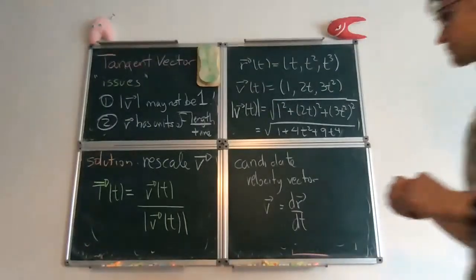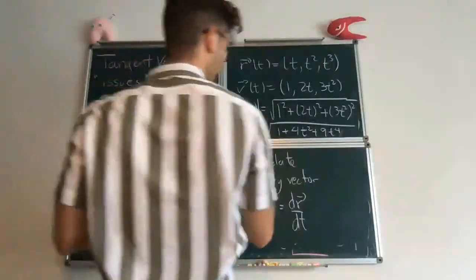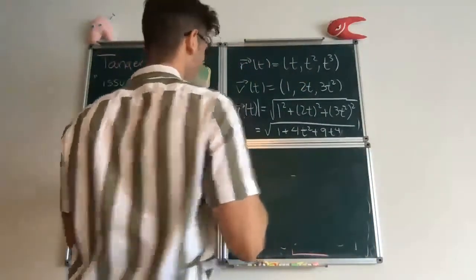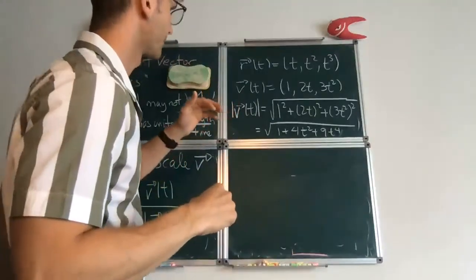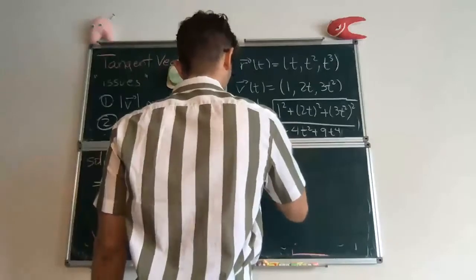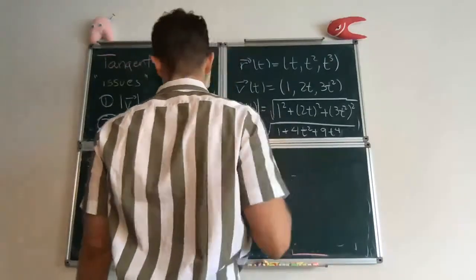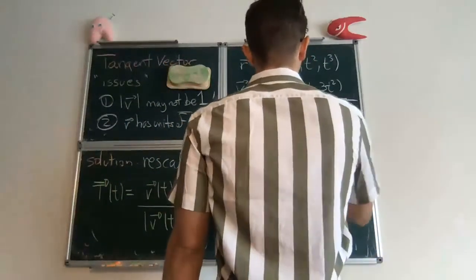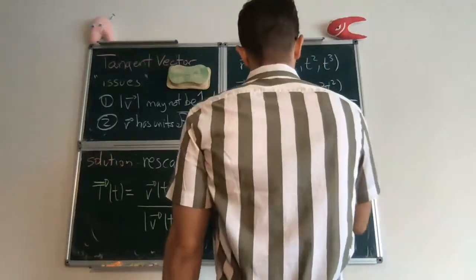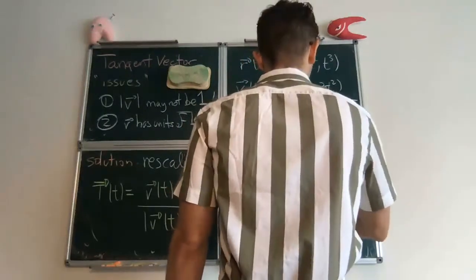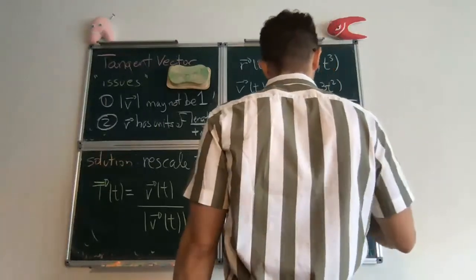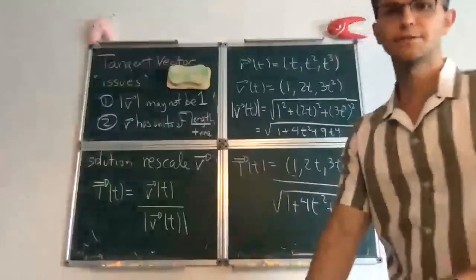Okay? And now the tangent vector is velocity divided by speed, and so the tangent vector happens to be (1, 2t, 3t squared) divided by the square root of 1 plus 4t squared plus 9t to the 4. Okay? And so this is a very straightforward computation.